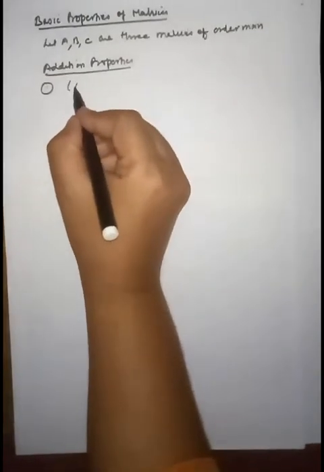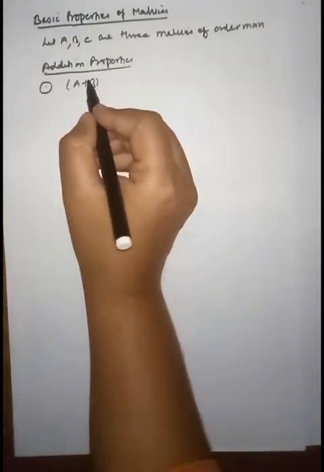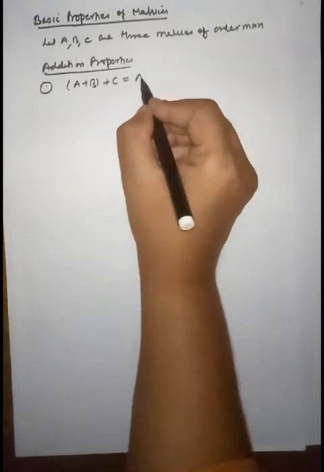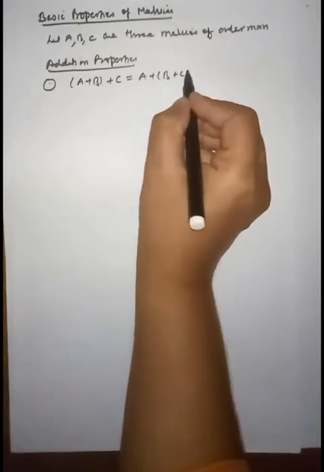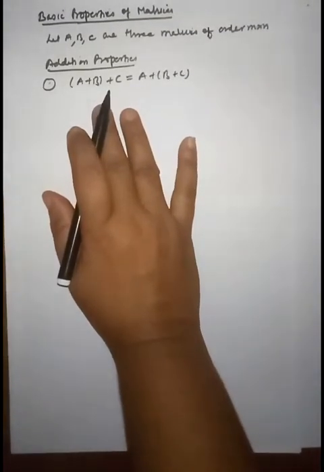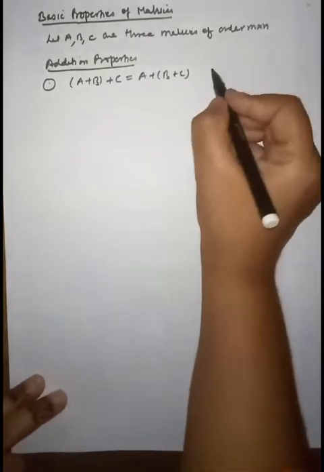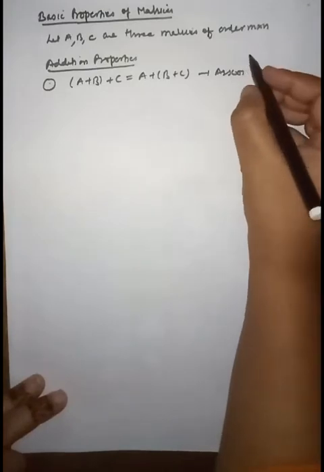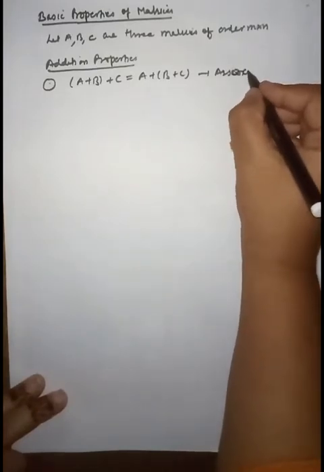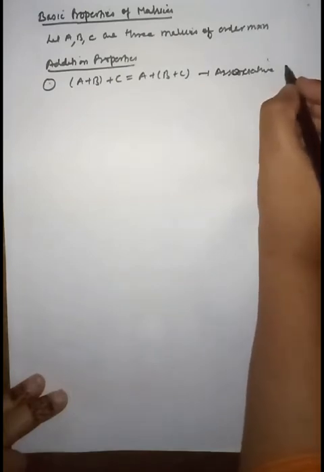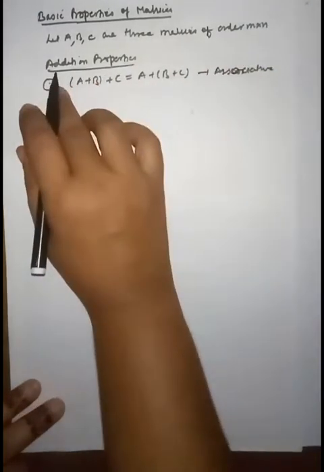If (A plus B) plus C equals A plus (B plus C), if this condition holds, this is called associative property for addition.